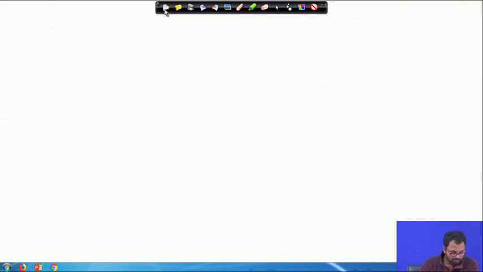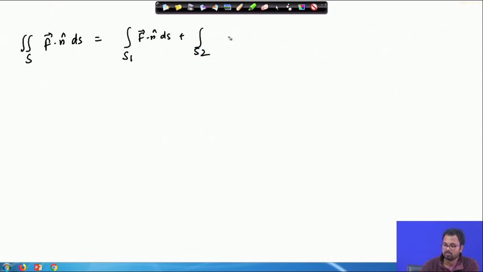So, let me write this. This term is equal to the integral over S1 of f dot n ds. That is the first surface. Then the second face is S2 f dot n ds, then the third face, fourth face, up to S8 f dot n ds.